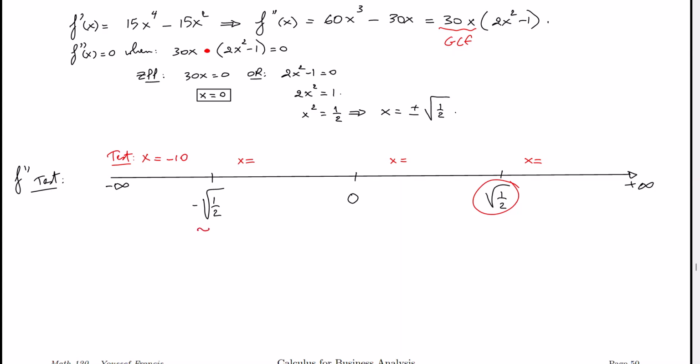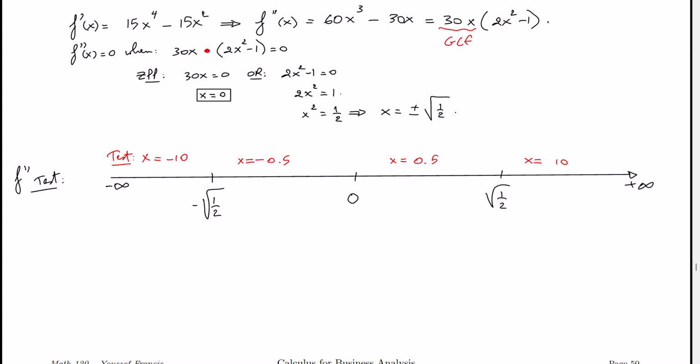Since this guy here is roughly negative 0.7, I'm allowed to pick negative 0.5 there, and then 0.5 with a positive sign there, and finally I'll pick 10 for this last interval, because why not? There's nothing sacred about the 10 and the negative 10. I mean, they always show up in all my problems, but that's because it's easy for me to quickly multiply and add those numbers, so that's why I always end up choosing them.